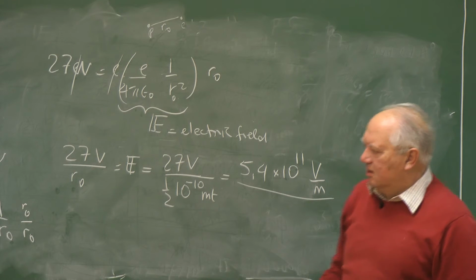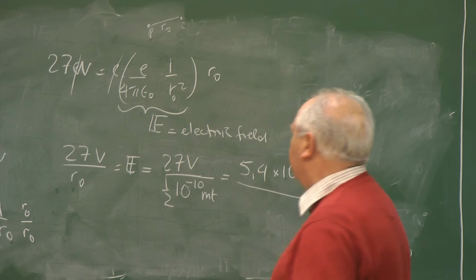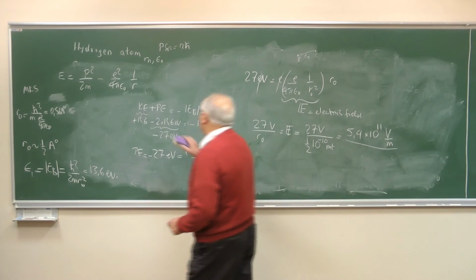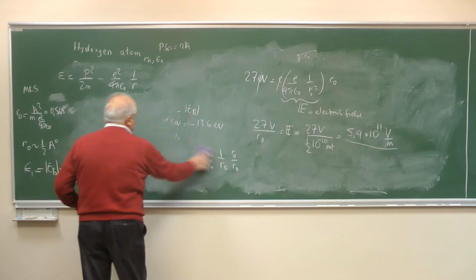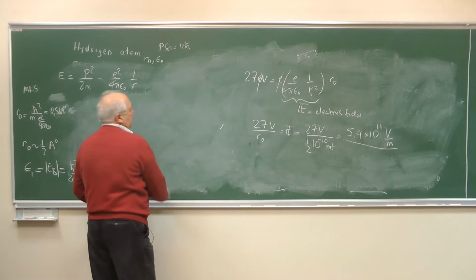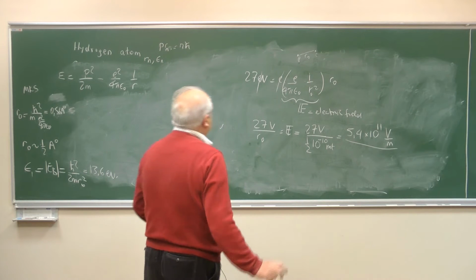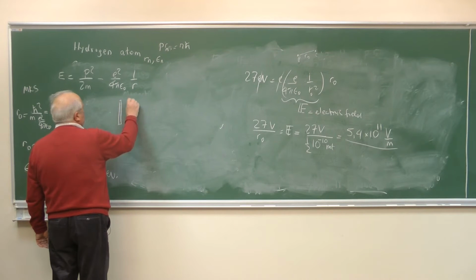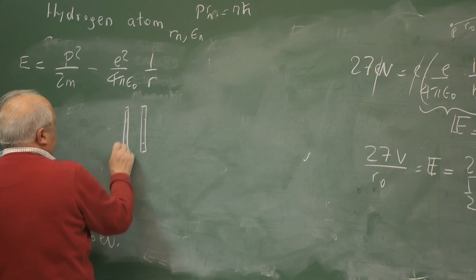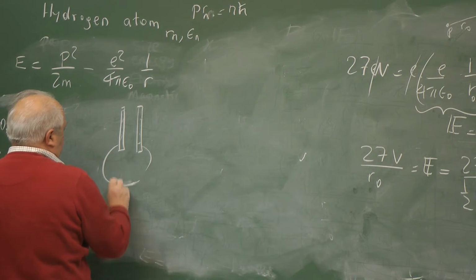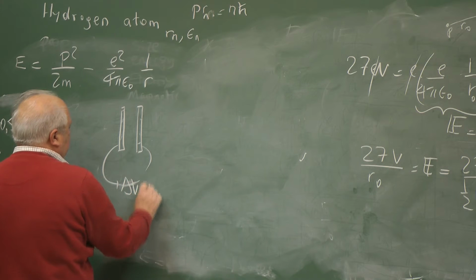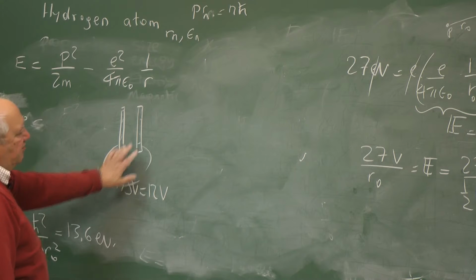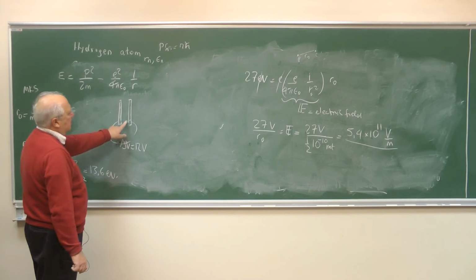Now the question is, well, obviously this is a big electric field, but how big is it really with respect to the daily electric fields we encounter? So for example, let us take a parallel plate capacitor. These are metal plates charged to voltage delta V. Let's take a 12 volt battery, a voltage difference of 12 volts between the plates.